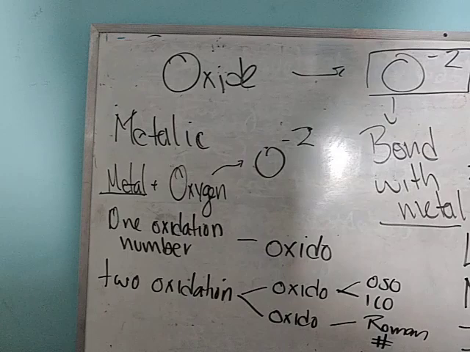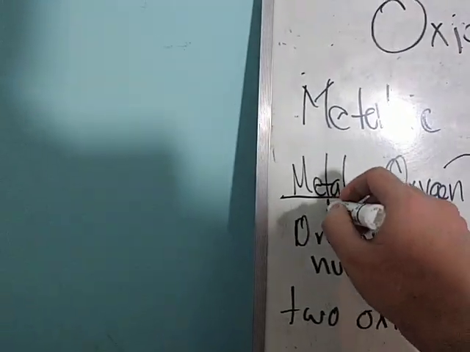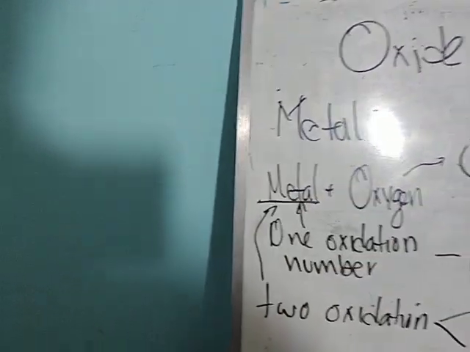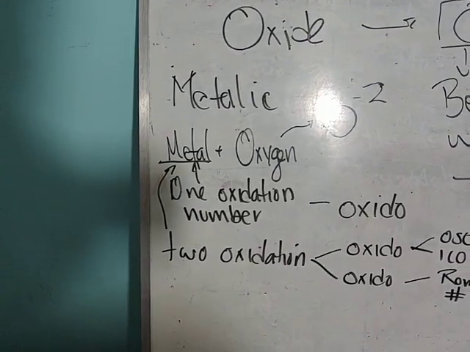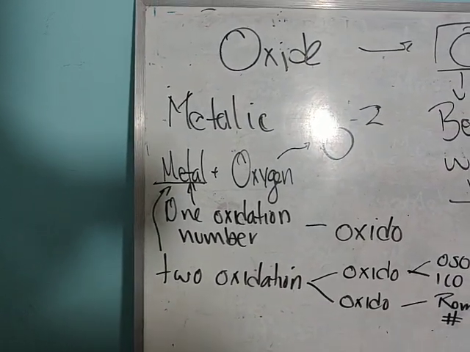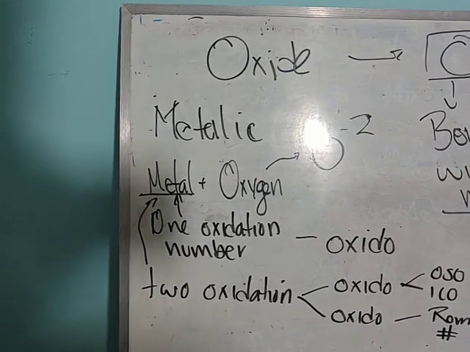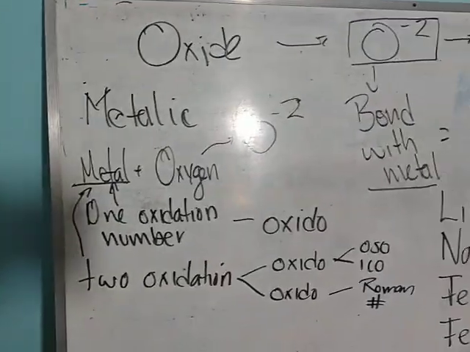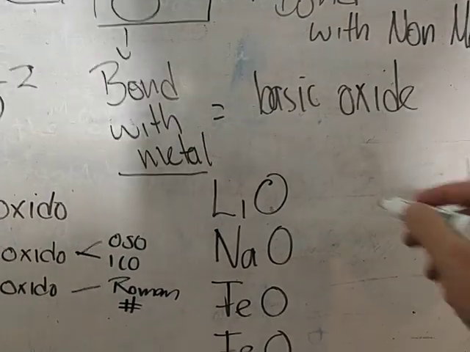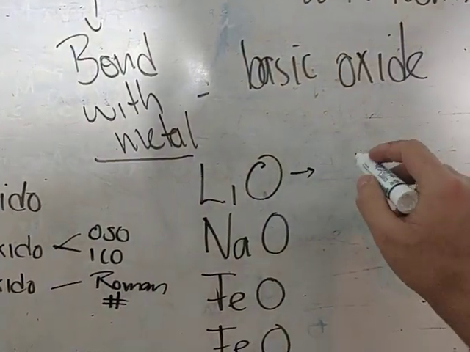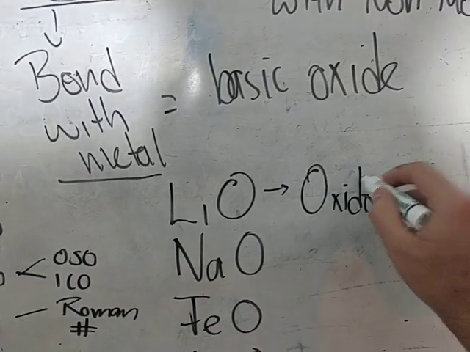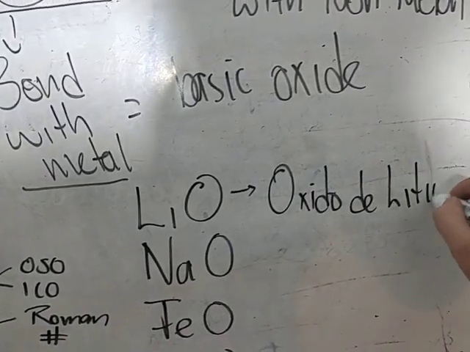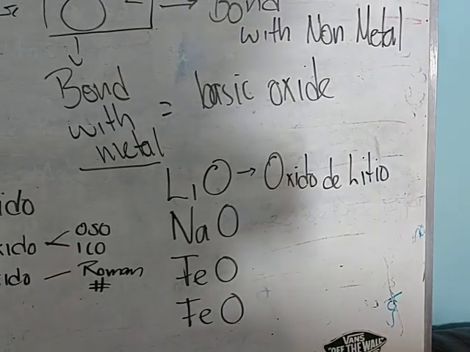Then, the metal can have two situations. It can have one oxidation number or two oxidation numbers. If I have the first situation, only one oxidation number, for example lithium, it is given the name óxido de litio.